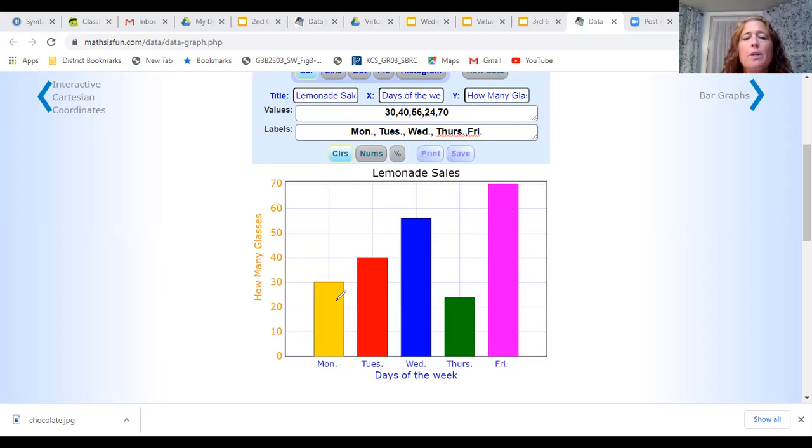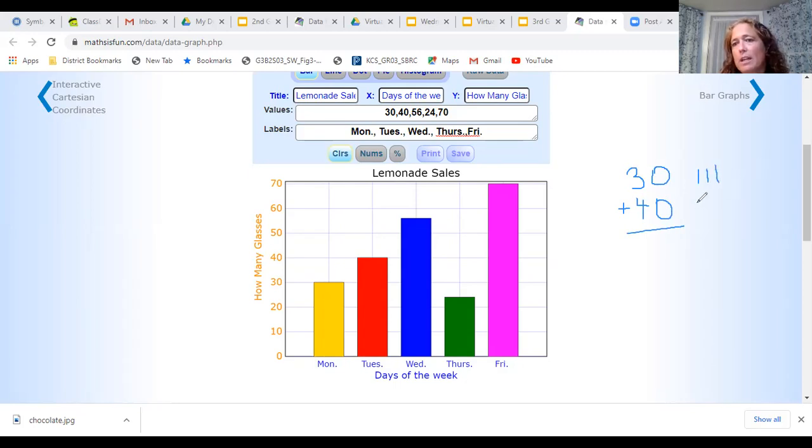Another question might be, how many glasses of lemonade did they sell on Monday and Tuesday? That means we need to add, because they want to know how many they sold on both days. We have 30 on Monday, and we have 40 on Tuesday. We know that 30 is 3 tens and no ones.